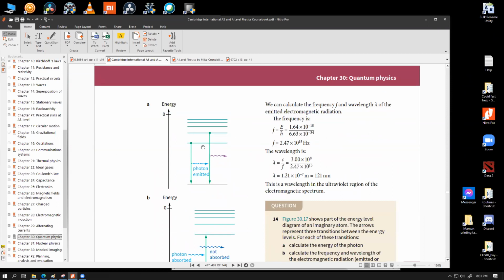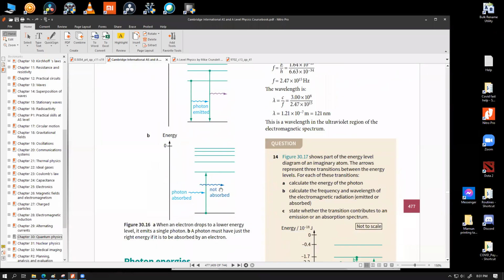So they're showing that when the photons are emitted from here, going up, so what they are showing in this case, I believe, is that we are sending multiple different photons through a certain element. The photon that perfectly matches with a certain gap will be absorbed by the electron, so that it can make that jump. It will not absorb a random amount of photon.